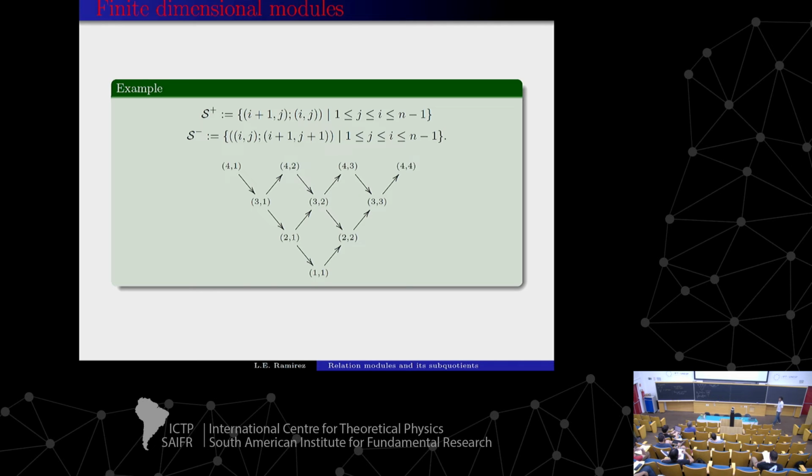Nice definition, but are we able to describe admissible sets of relations? Actually, yes.